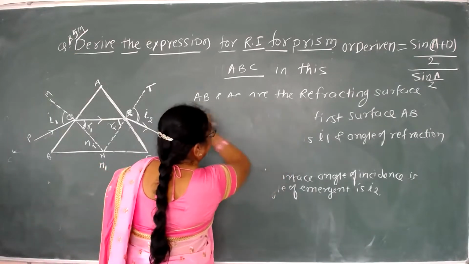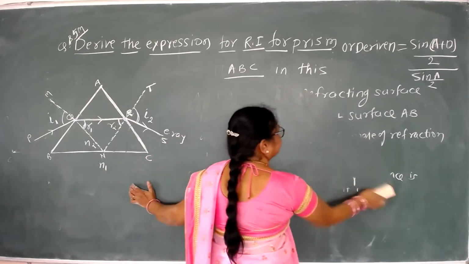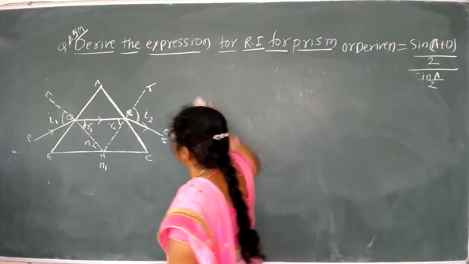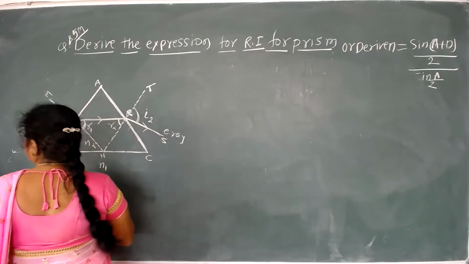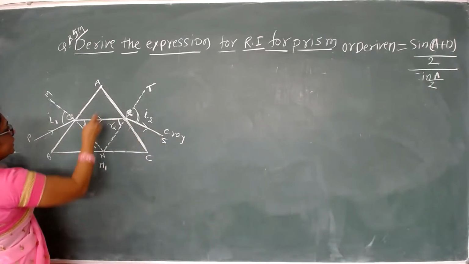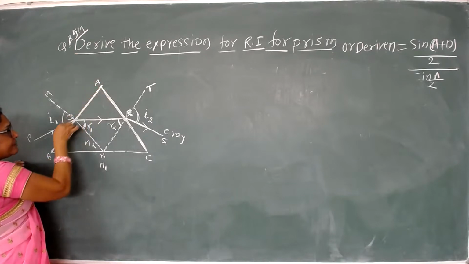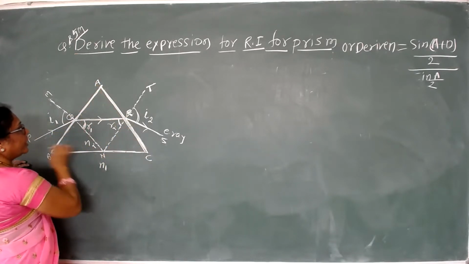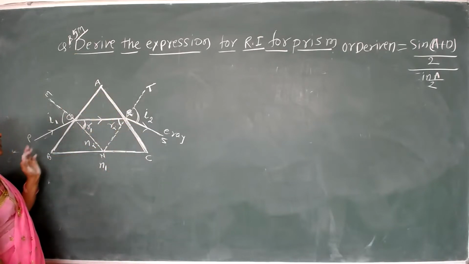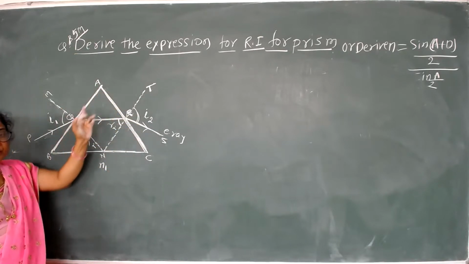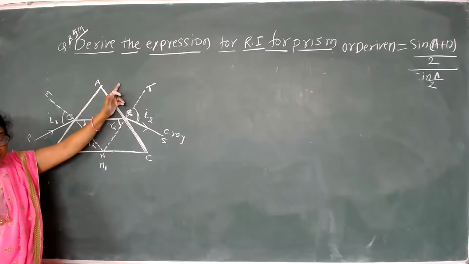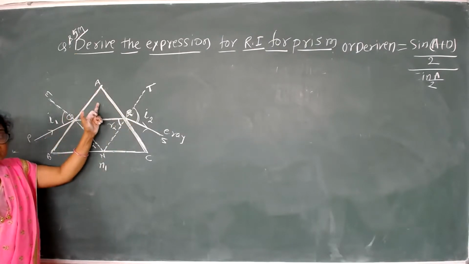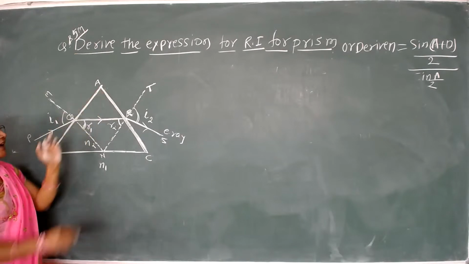So here, how to derive the expression? See the figure. If the prism is not there, or if the medium is the same, the ray of light is propagated in a straight line direction.